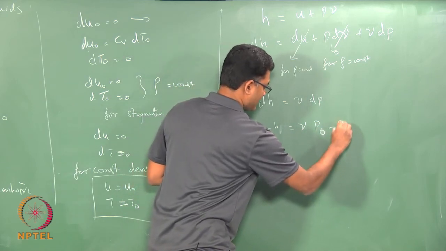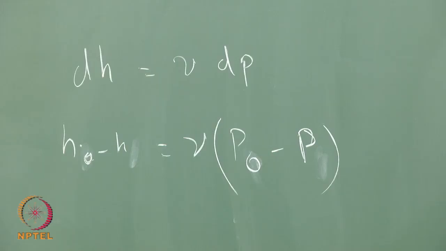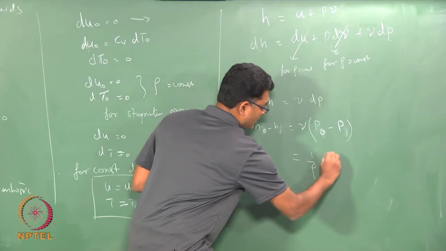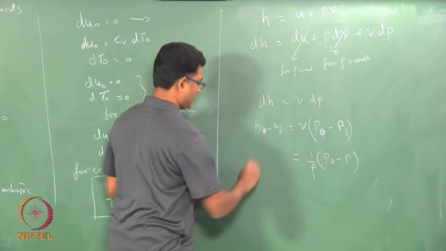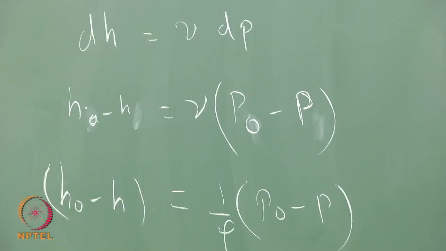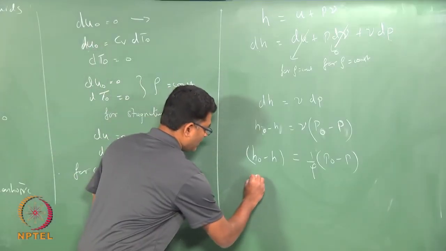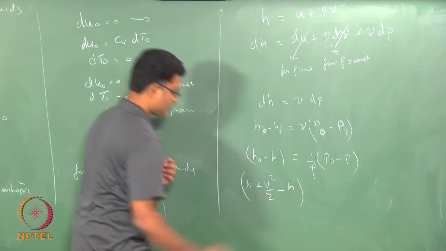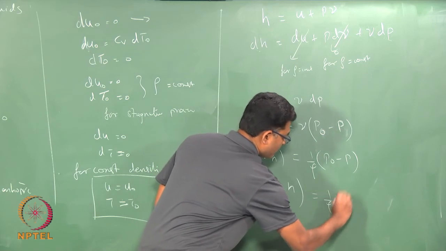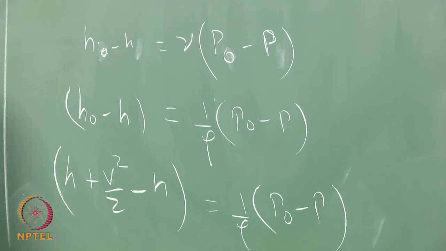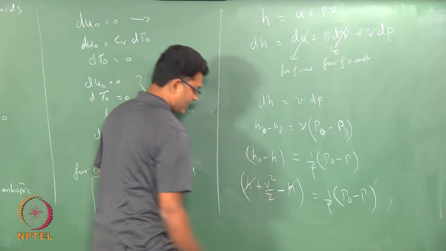So, P0 and P. I can replace v as 1 by rho, P0 minus P, equals H0 minus H. Now, H0 is H plus V square by 2, minus H, equals 1 by rho P0 minus P. So, my H and H cancel out.